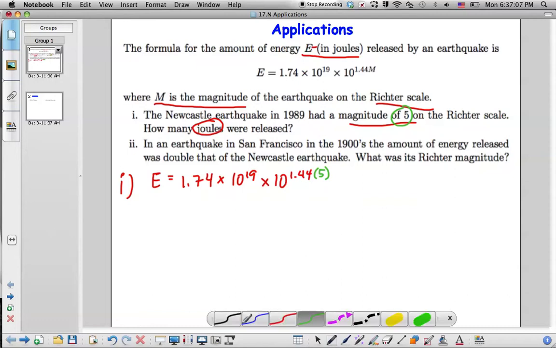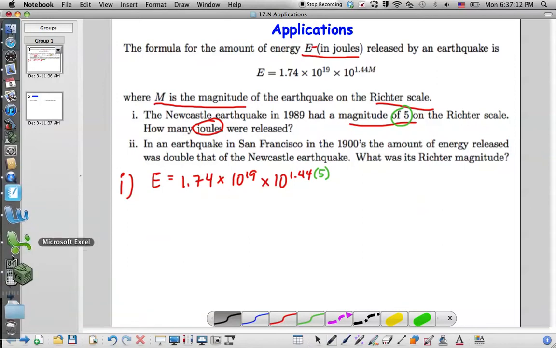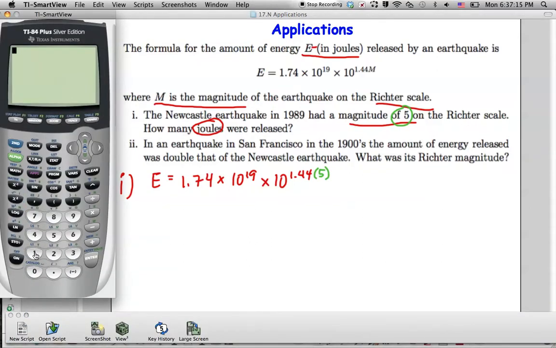Okay, so let's grab our graphing calculator here and type this in. So we have 1.74 times 10 to the 19th times 10 to the, and I'll put this all in parentheses, 1.44 times 5. Looks like I forgot my decimal point. I'll go ahead and insert that, see if that works. There we go.